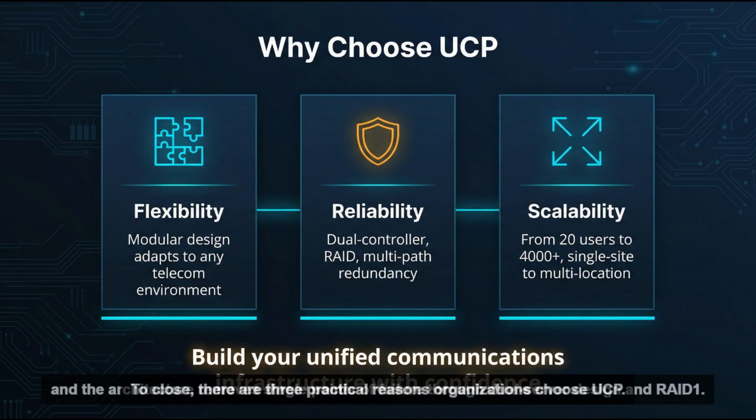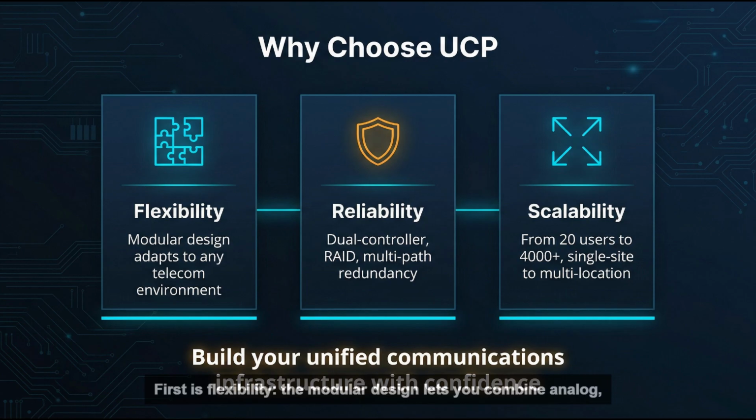To close, there are 3 practical reasons organizations choose UCP. First is flexibility. The modular design lets you combine analog, digital trunks, wireless, and IP in the same chassis, so deployments fit the current telecom environment and can evolve over time. Second is reliability.